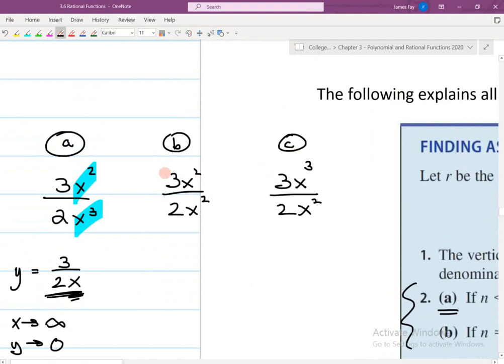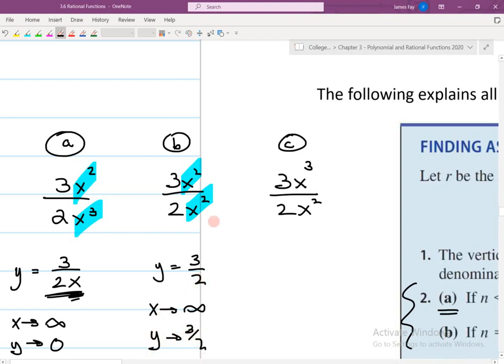The next one, again, this is y equals. What happens to the variable components here? They cancel out completely, so I get y equals 3/2. If I substitute an x that is very, very big, say 100 billion, what's the y value going to be? 3/2.